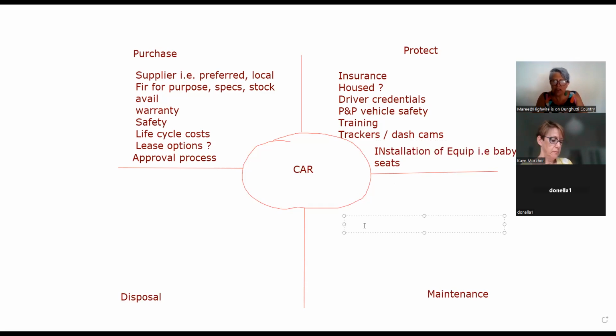So now we're going to maintain the vehicle over the life of the vehicle. What sorts of things do we need to consider or have in place here? Regular servicing. Great. So a servicing schedule. I'm going to use an old mining term here, but people know what I mean.